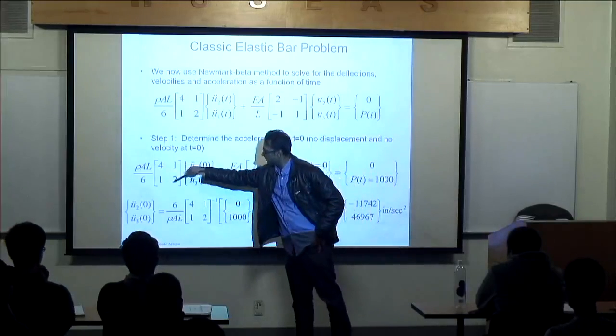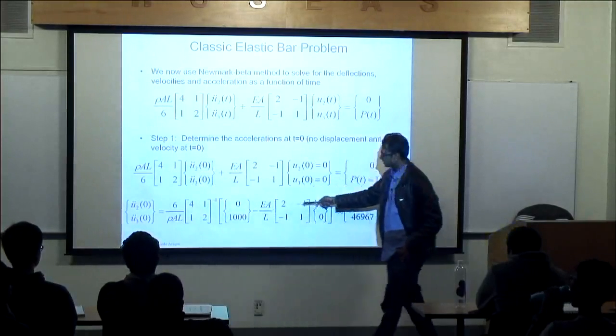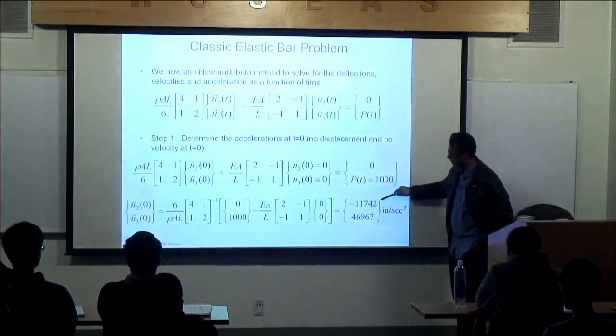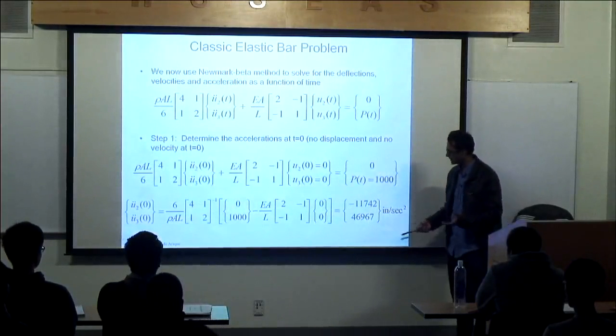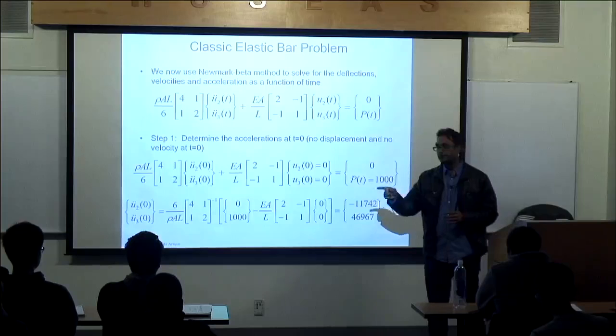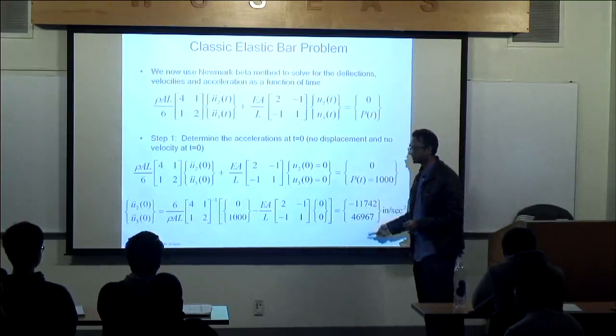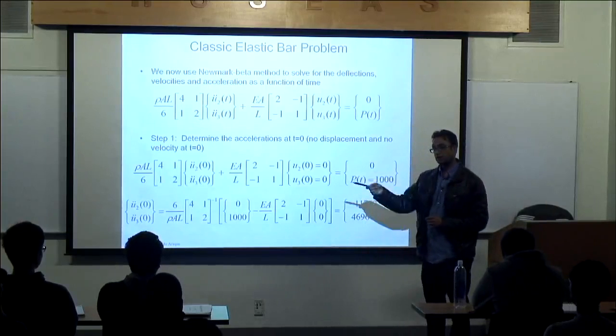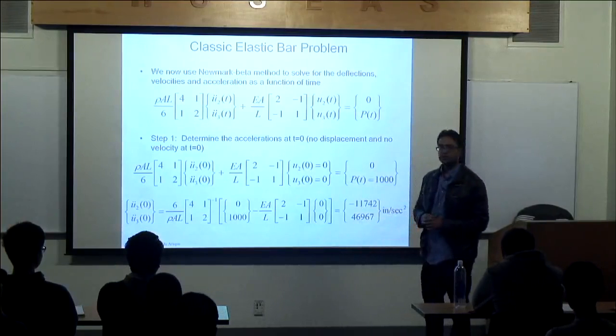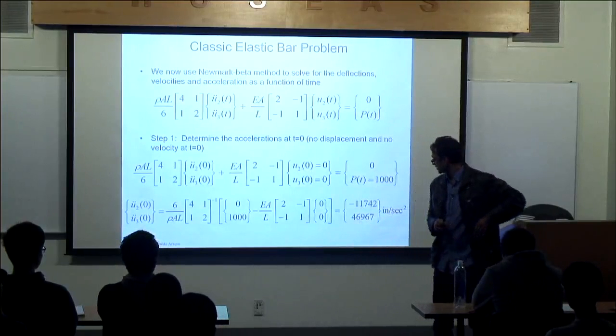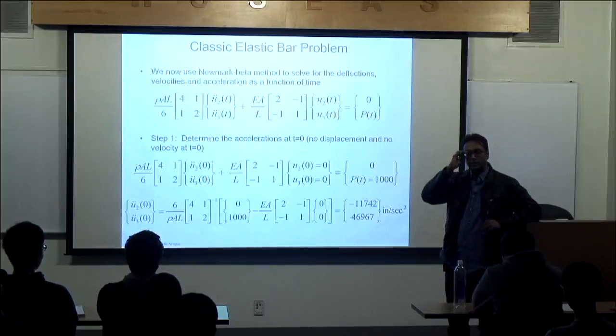When I invert this mass matrix and multiply by all this, I get the initial acceleration. So I get an acceleration of 47,000 to the right. And in the middle node, I get an acceleration that goes the other way, of negative 11,742 inch per second squared. Okay? Any question on what I did there?